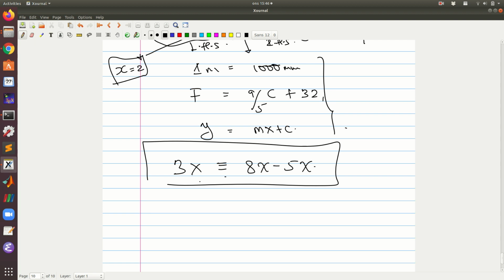So that is why we say that an identity is true for all values of x, while an equation is a relationship which is only true for a particular value of x, or maybe particular values of x if we have a solution set.